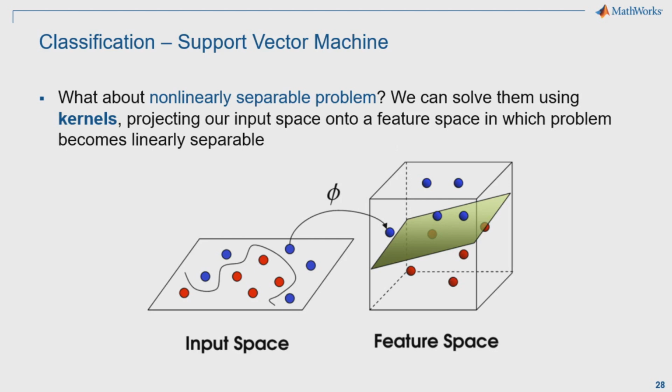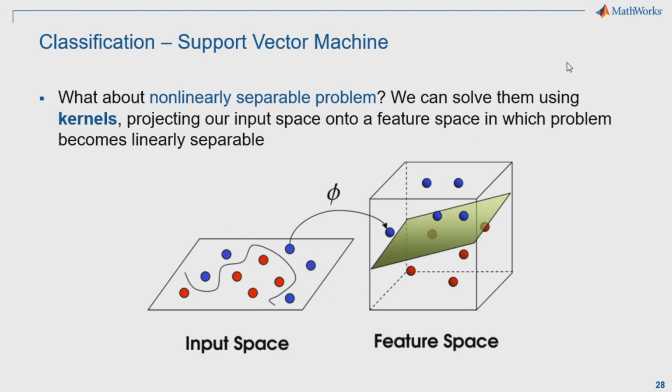What about non-linearly separable problems? As I told you, these algorithms find a hyperplane, but sometimes you are not able to classify data based on just hyperplanes. This is the simplest approach that we have, but it is not really helpful in some cases, as you can see in this picture of the input space.